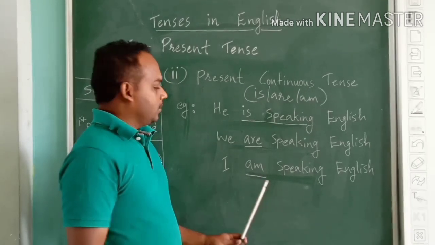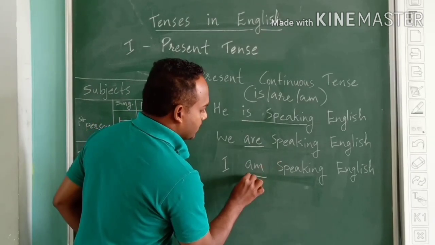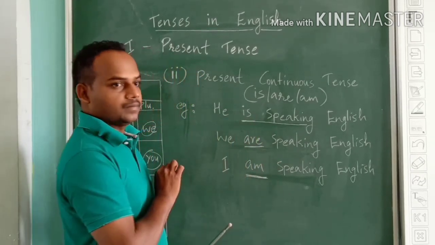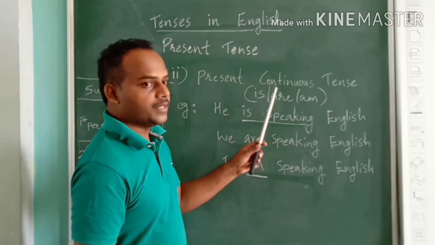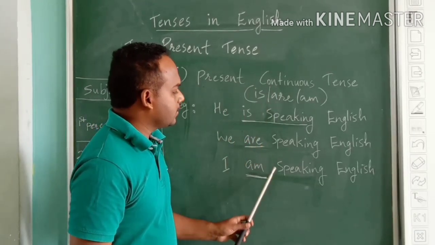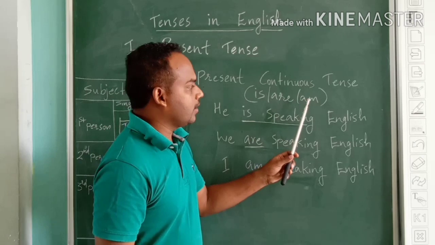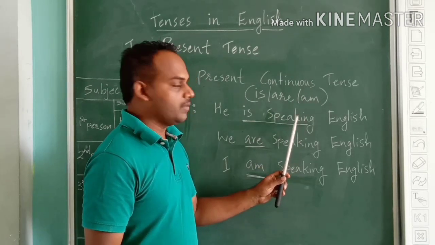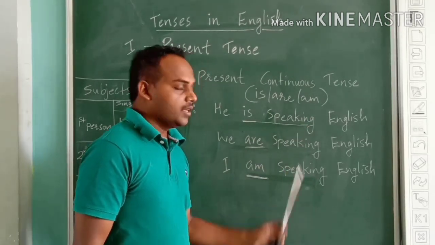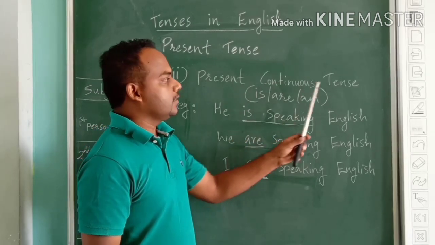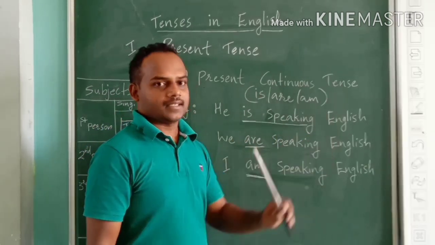You see, the helping verbs are already given. Then we can assume that the sentences with is, am, are and also the verb with the ing form, these sentences are the present continuous tense.